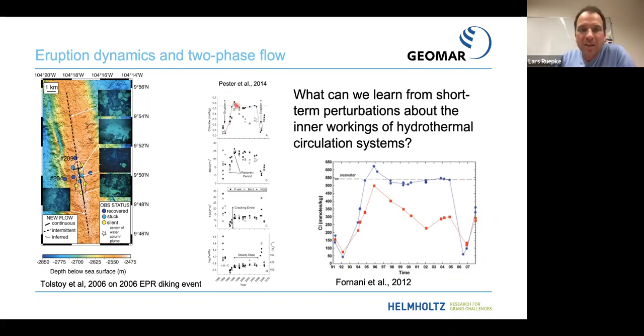And then the P vent stays up there and the Bio9 is going down. So basically we get this vapor phase where we have apparently vapors venting, then the brines come out, and then the system goes back to some new steady state. And here the question is, can we learn something from these perturbations? What is actually happening inside these systems that makes this signal?